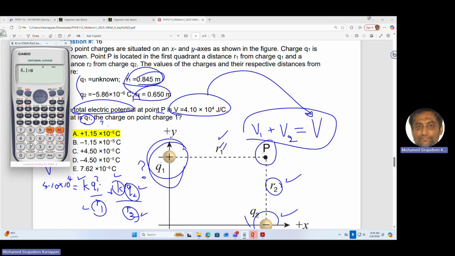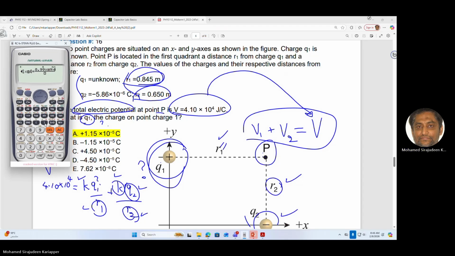4.1 exponential 4, that is V, equal sign, alpha equal. Then I will use this one, that is useful. K is 8.99 exponential 9 multiplied by Q1, that's the unknown. We call it X, right?